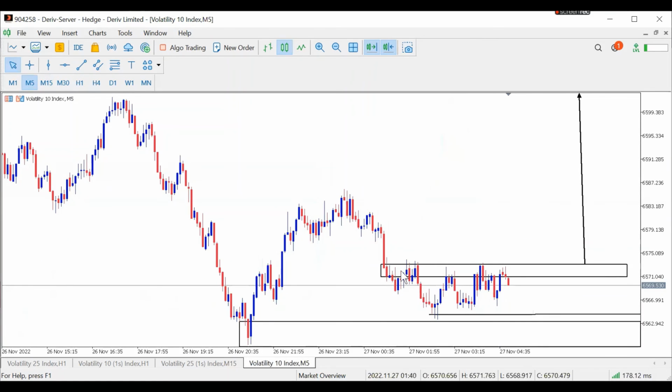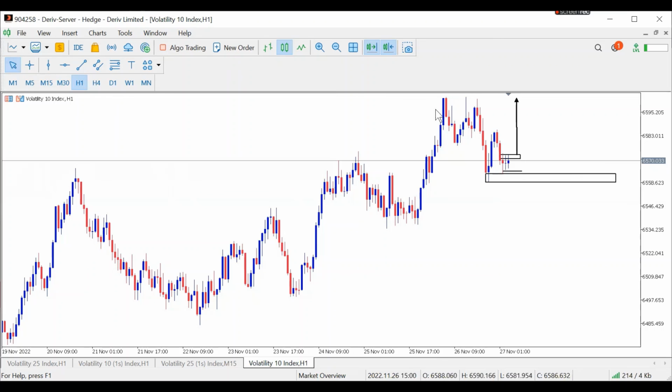So you'll have to wait for the market to break above here, and then you buy, or you wait for the market to come here and give you rejection candlesticks, or you wait for a bullish engulfing, or you wait for here to break and retest, and then we buy all the way to here.